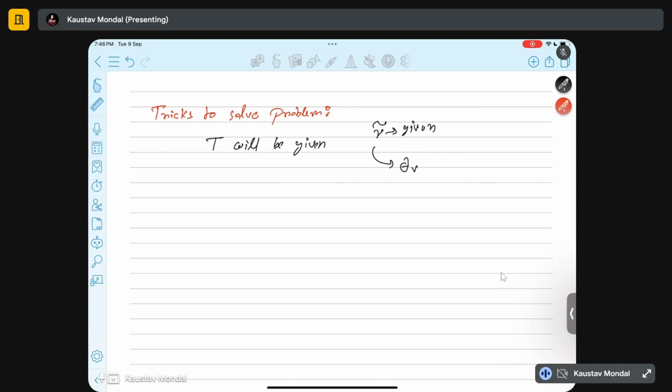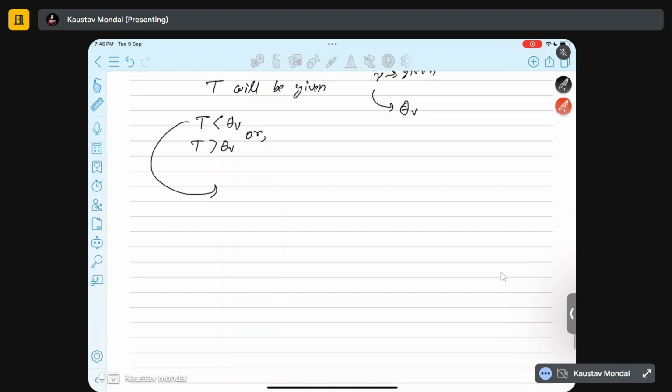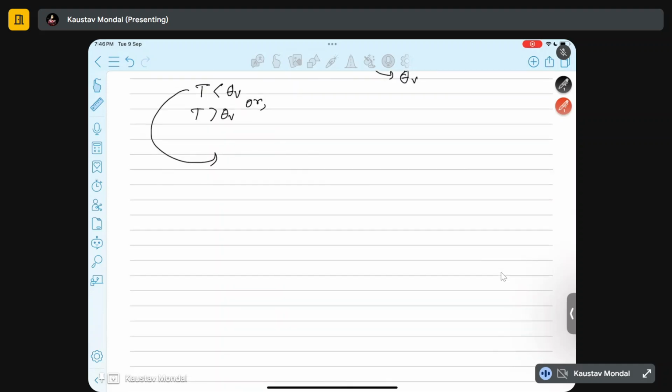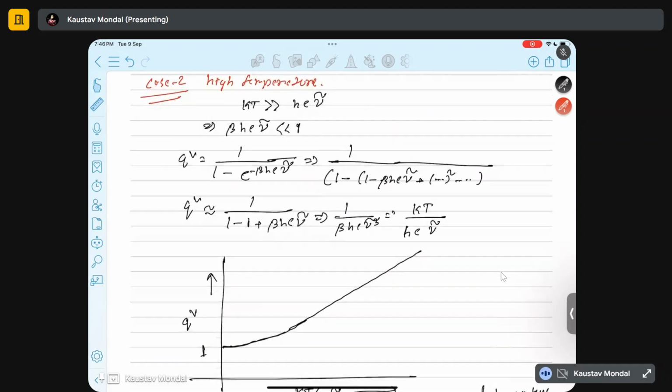First you have to check whether T is smaller or greater than theta v. If T is smaller than theta v, the temperature is lower, so you cannot use that approximated formula. In that case, you have to use the conventional formula, which is this.